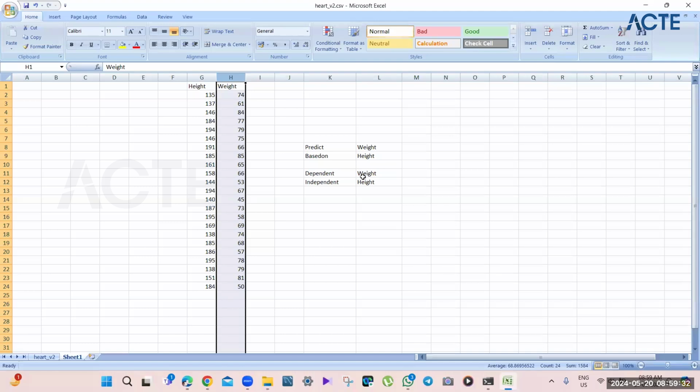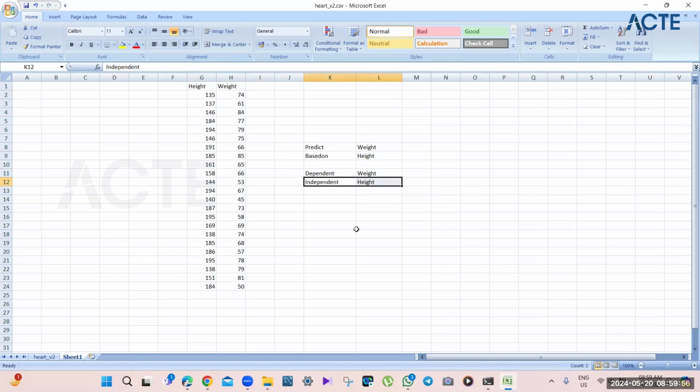On the other hand, height does not depend on anything, it changes on its own. Those variables are known as independent variables. The variable that you want to predict is your dependent; the rest is independent.